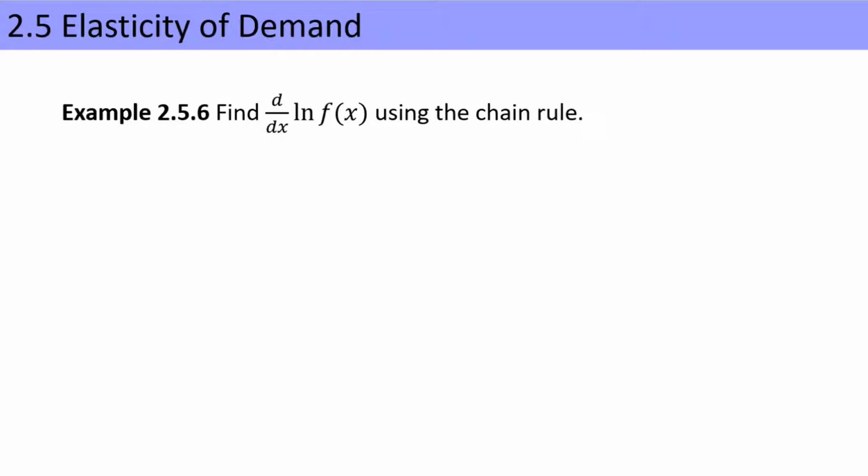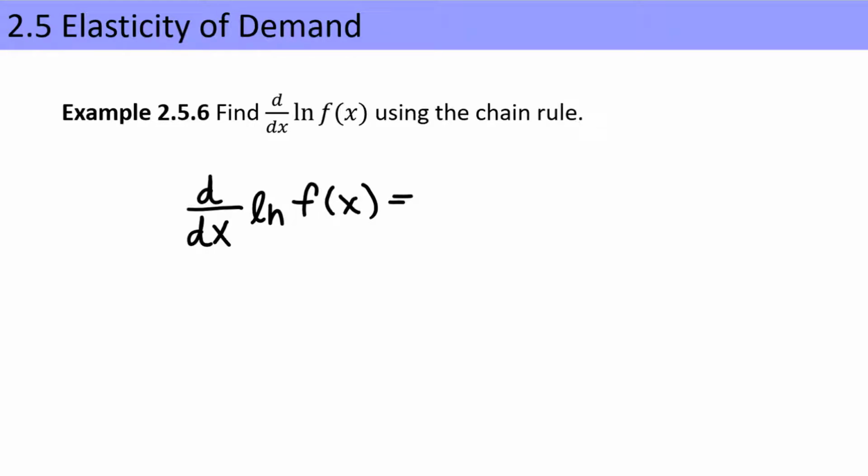Example 2.5.6. Find d dx, that is the derivative with respect to x, of the natural log of f of x using the chain rule. So we'll do d dx of the natural log of f of x.